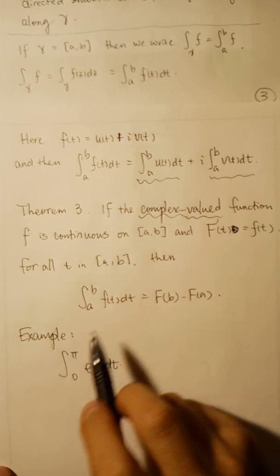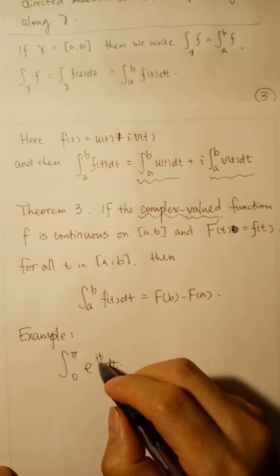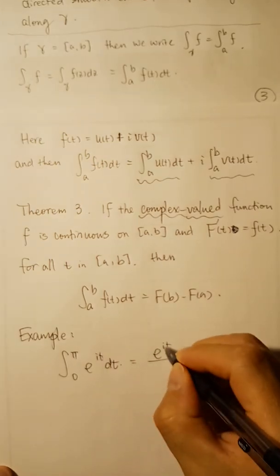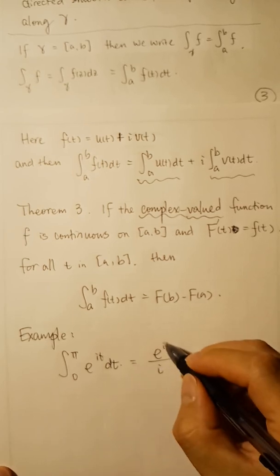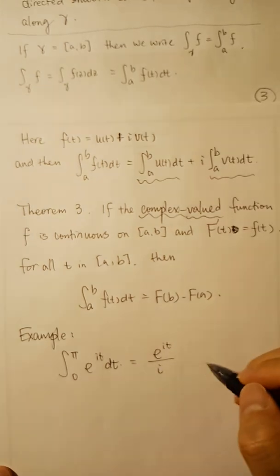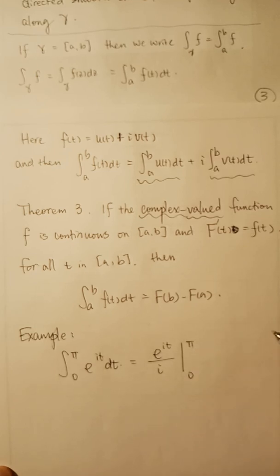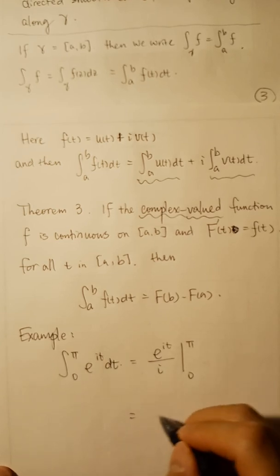Okay, so here we are looking for the antiderivative of e to the it. Remember, the antiderivative of e to the it is e to the it over i. For whatever k here, e to the kt has antiderivative e to the kt over k. So you find the antiderivative, you evaluate at 0 and pi. 1 over i is a coefficient.